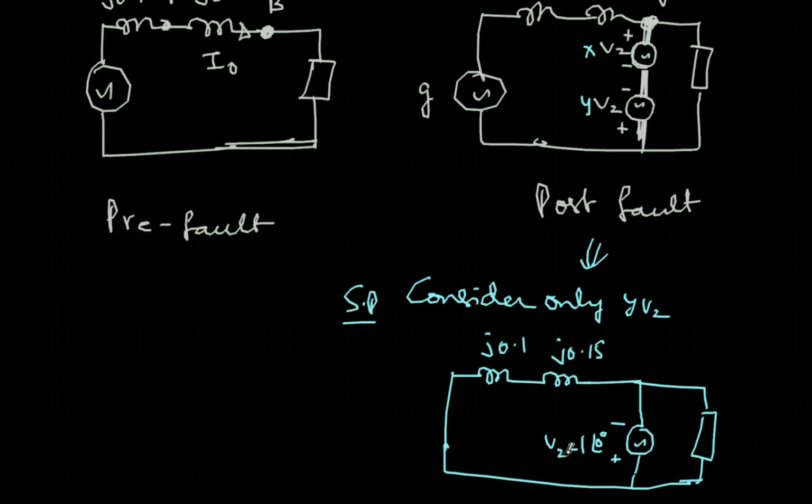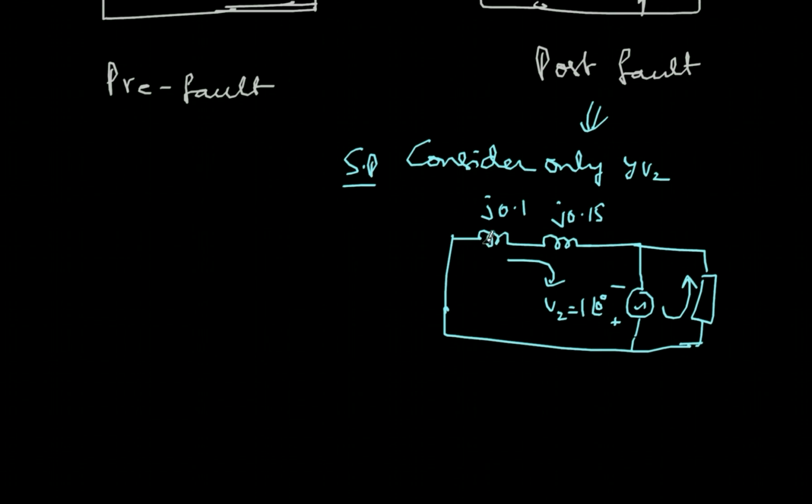Now what will be the current? Considering only this voltage source, I can calculate like this. Of course, some other current will also flow like this. Now this current which is flowing in this part of the load will be exactly equal and opposite to the original current. Therefore these two will cancel out each other and there won't be any current here. We don't worry about that now. Let's worry about this one, and call it the IF current.